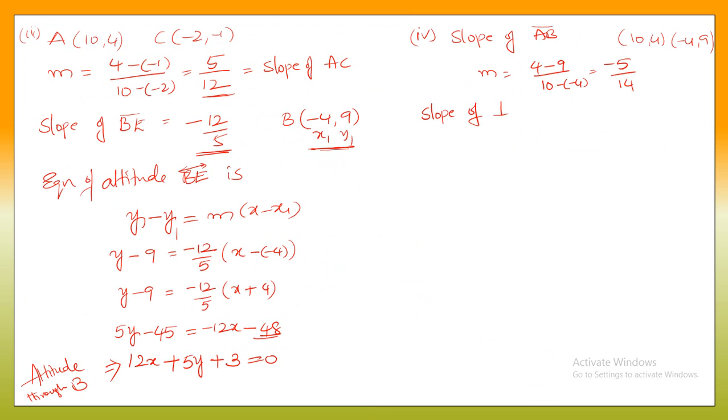Now what can I write? The slope of the perpendicular bisector of AB is equal to, simply what we have to do, reciprocate it and change the sign. Since we are having minus for this, you don't have minus for this slope. Now we have the slope of the perpendicular bisector and the midpoint of the given line, right?